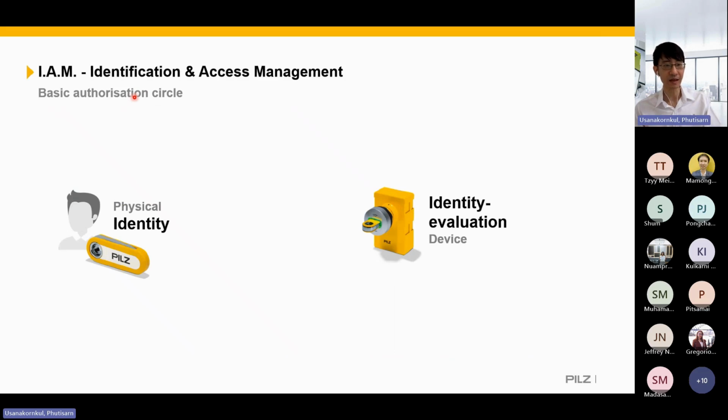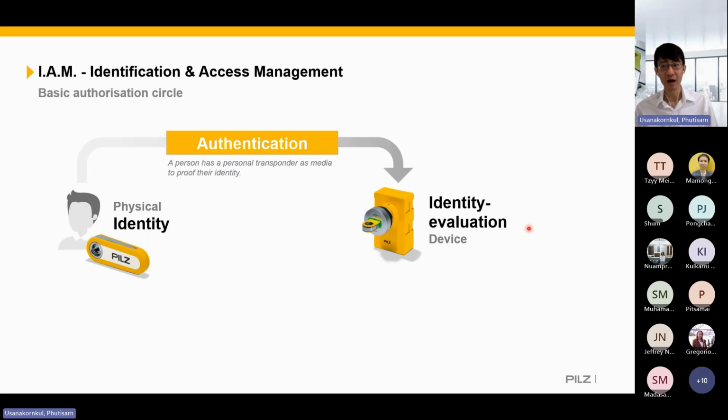Now, what are the basic components for this system? Basically, we have the physical identity, or our transponder, the PID key. Then we have the identity evaluation device, our PID reader, to identify the access level authentication. So how does it work? Basically, the person has a transponder, then you need authentication for the system.